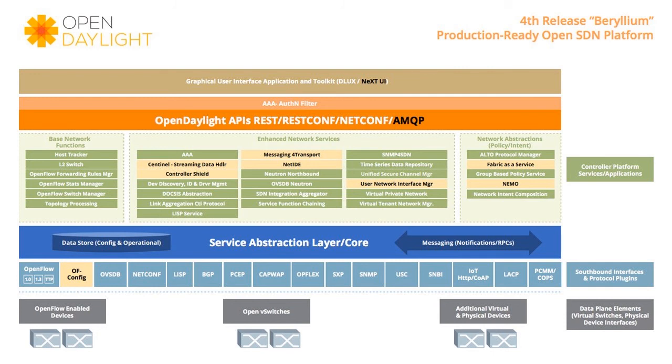For instance, the clustering support for applications improved dramatically in Beryllium, and many applications took advantage of that. Most of the applications that took advantage of that were already there. So even though the OVSDB Neutron service did a massive amount of work to become highly available, that isn't reflected because they were there in previous releases.